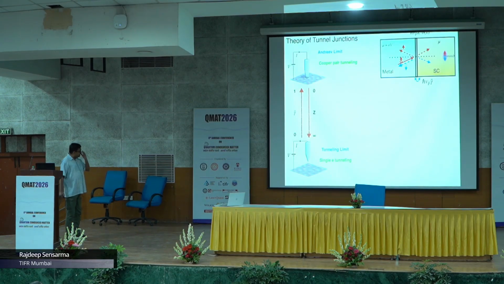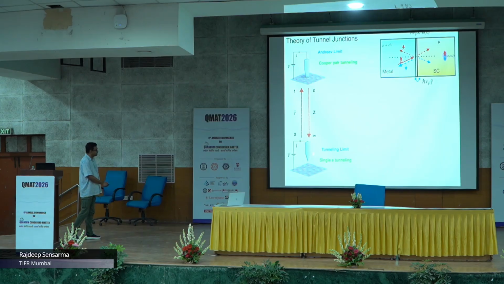So what we needed to do was to have a theory of tunnel junctions. There's a usual theory called BTK theory based on wave functions, which works in the weak coupling BCS limit. In this case, the junction is characterized by a scattering parameter Z. So Z equal to 0 is the Andreev limit, ballistic junctions.